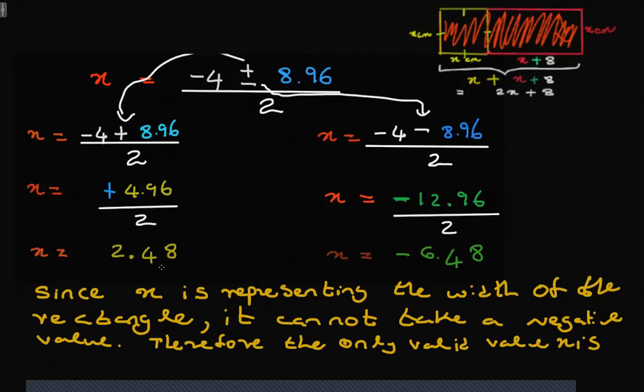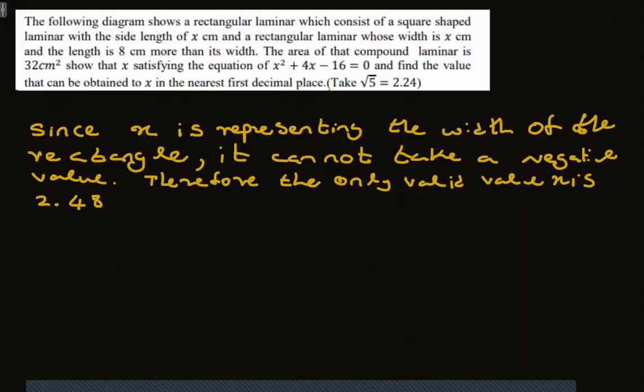What's the positive value we have got? 2.48. All right. Now, to how many decimal places have they asked you to present the answer? Is it 2 decimal places or 1 decimal place? Let's check. All right, so we have said therefore the only valid value x can take is 2.48.